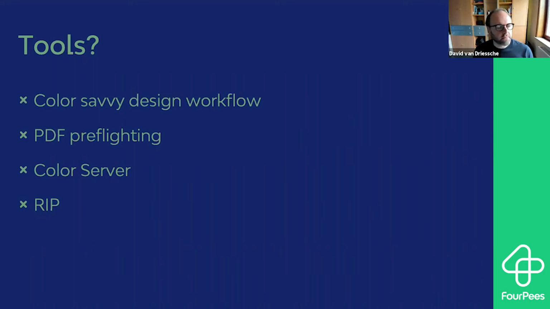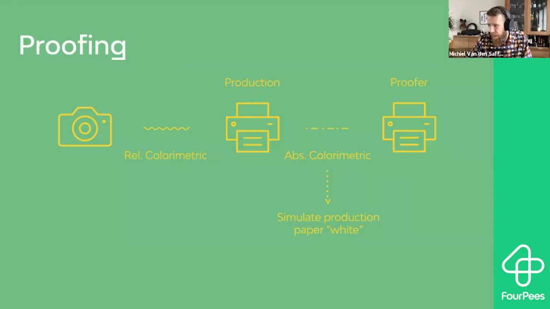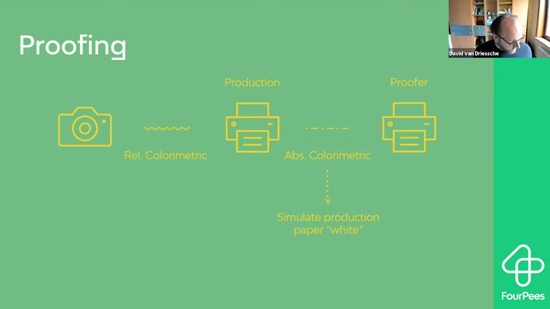Just to make it clear for myself and maybe also for other people, if you could go back to the slide where you had the proofing scenario. Yes. So let's take a photograph that has white color in it. If we're going to print that on a newspaper machine, we're probably going to print it on yellowish paper.